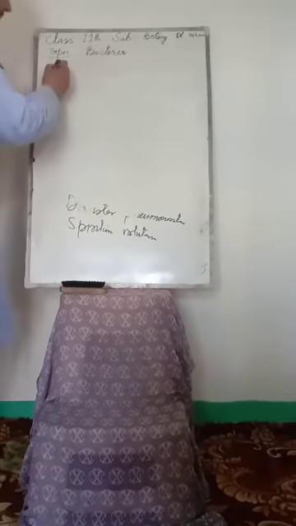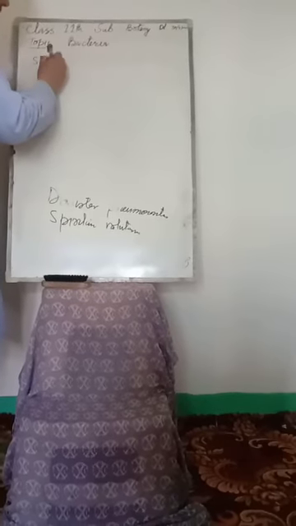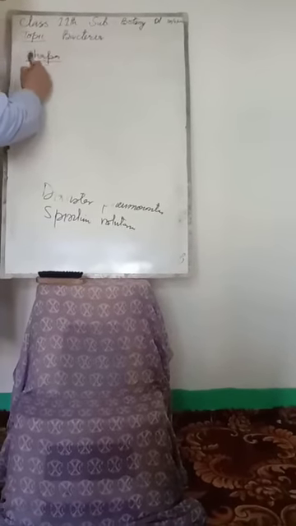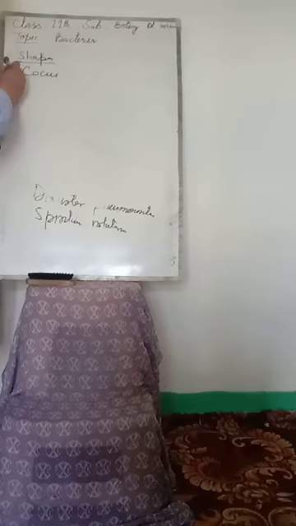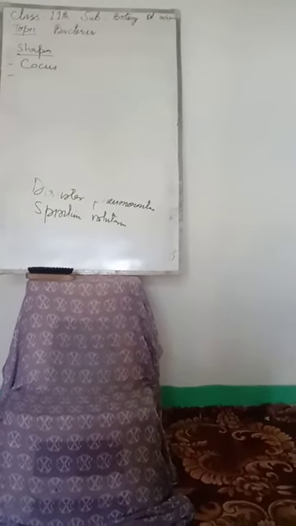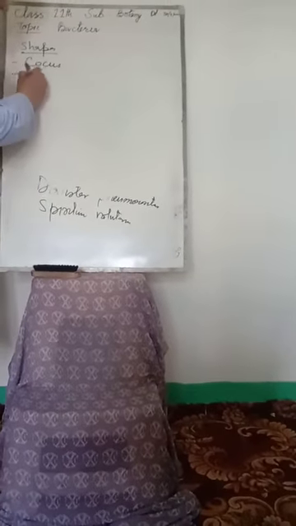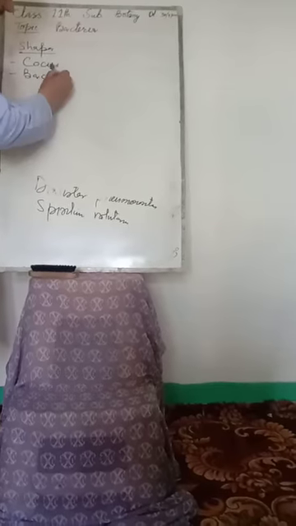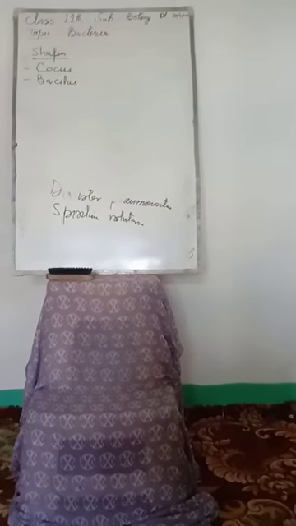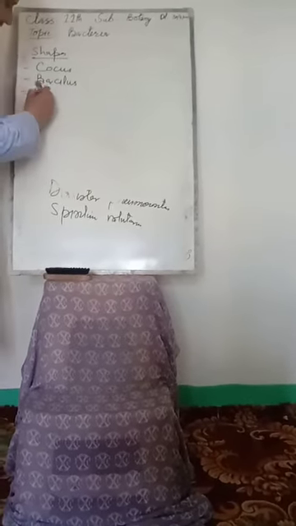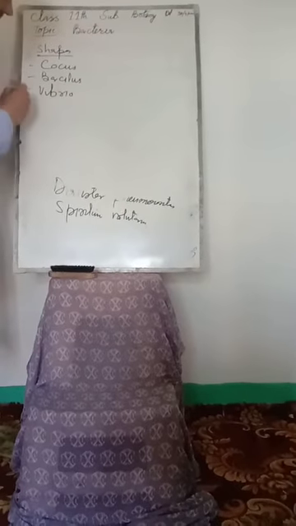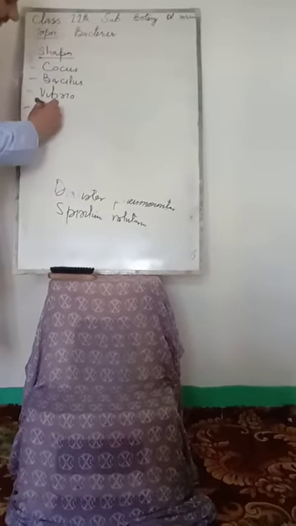Number first, coccus bacteria. Number second, bacillus bacteria. Number third, vibrio, and spiral.